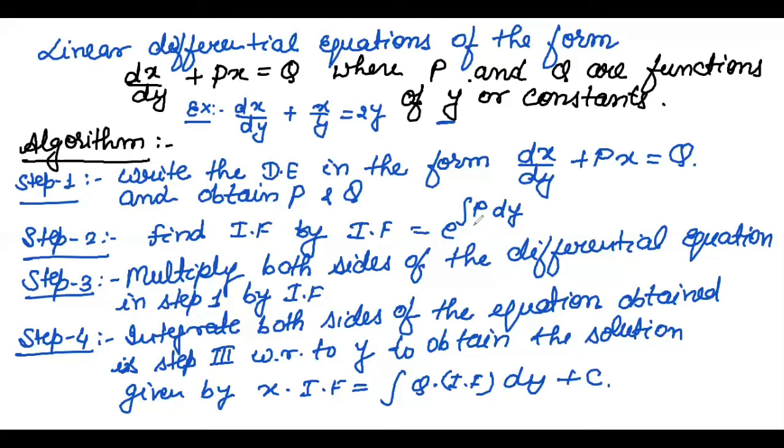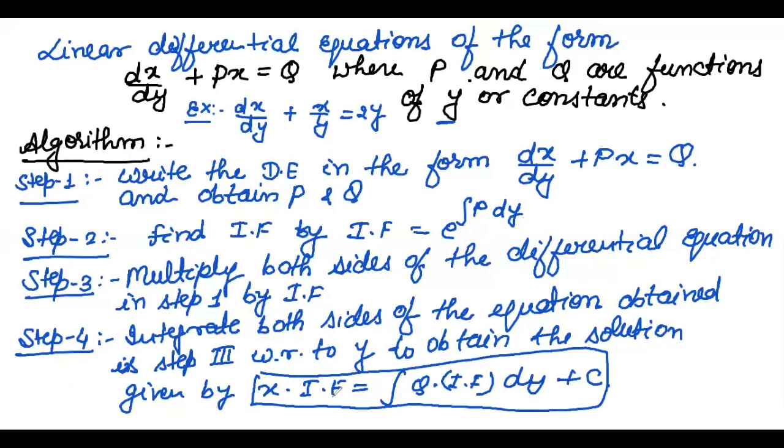Here we have to find out e integration of p dy. Now we'll multiply both sides by the integrating factor, or directly we can find the solution of the linear differential equation by this form: x into integrating factor equals to integration of q into integrating factor dy plus c, where c is a constant.